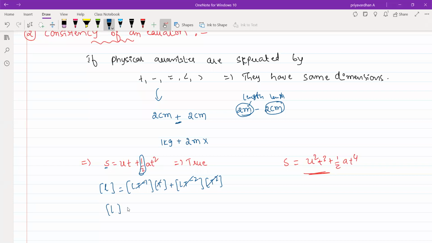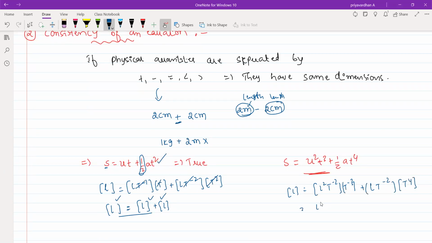So length is equal to some length plus some length. Yes, length is added to length, and this is also length, which is equal. So I can say that yes, this equation is dimensionally consistent. This equation is true. If you see here, length equals some L square t power minus 2, here t power minus 3, and this turns out to be some L t power minus 2 and t power 4 is coming.